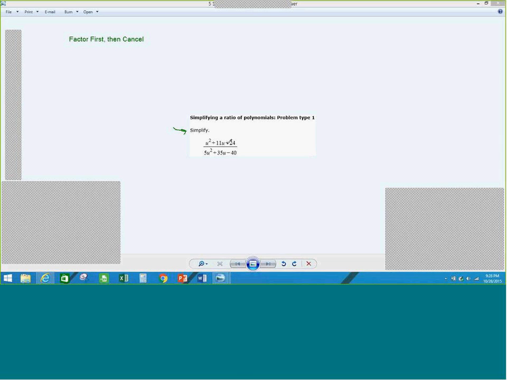So I see in the numerator we have a trinomial, u squared plus 11u plus 24. I'm going to copy that down here real briefly: u squared plus 11u plus 24. It's a trinomial. How we factor is determined by the number of terms we see. It's a trinomial, and there's no number in front, so this is a reverse FOIL trinomial.